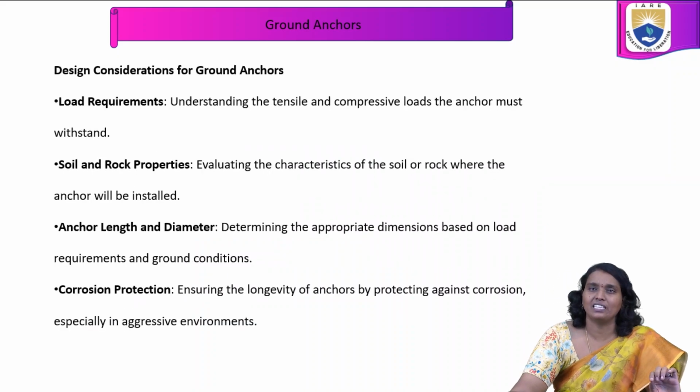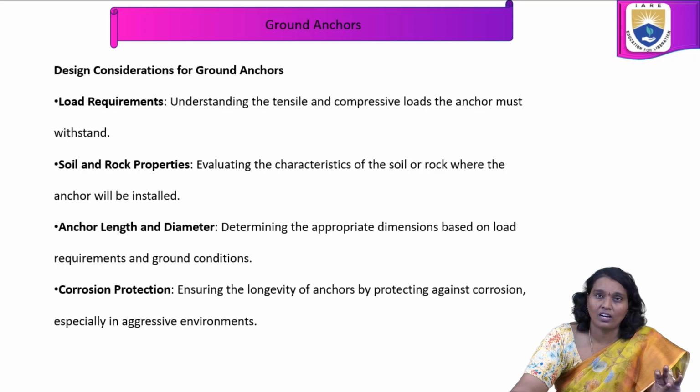Design considerations for ground anchors: load requirements, soil and rock properties, anchor length and diameter, and corrosion protection. Load requirements: understanding the tensile and compressive loads the anchor must withstand.